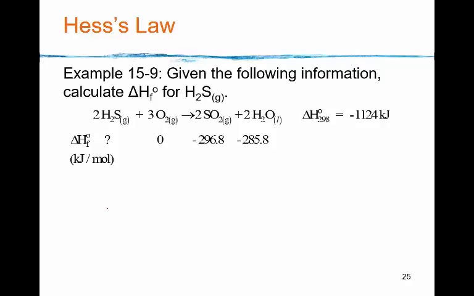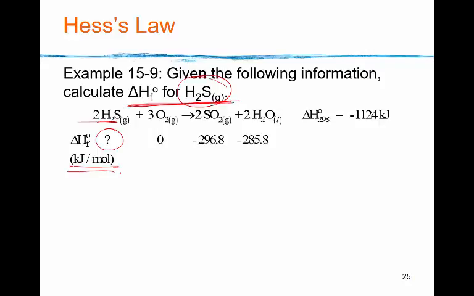So I'm going to give you a little more information this time, and let's see what we're missing. I want to know the delta H, the energy required, of formation of H2S. H2S is a reactant in this reaction. I don't know this, so that's what I'm looking for, and that's going to be in units of kilojoules per mole.